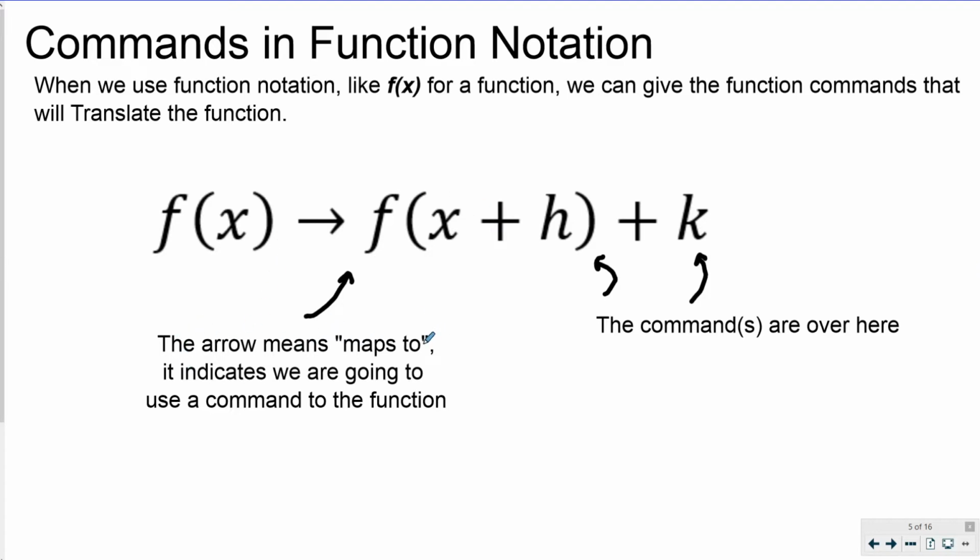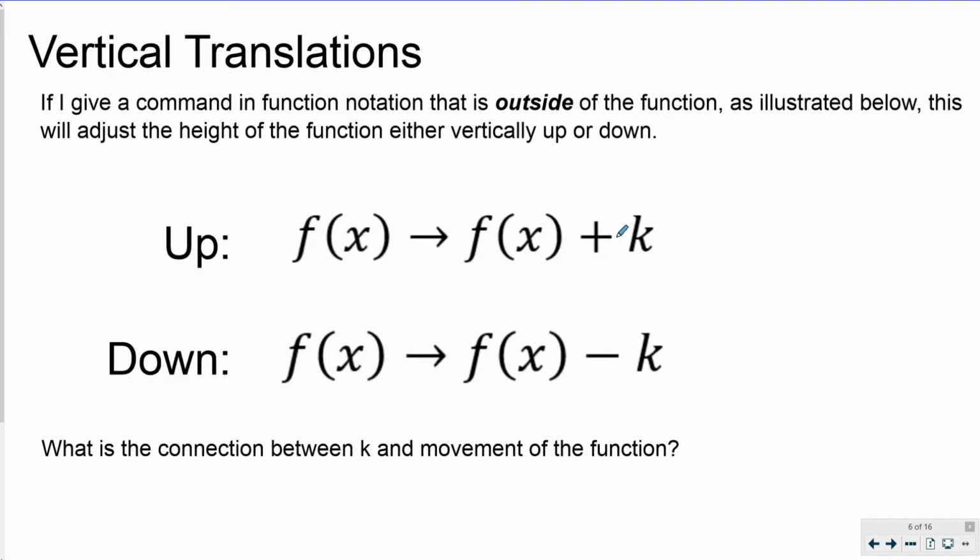In mathematics, when we say maps to, we are saying this becomes this. In plain English, f of x becomes f of whatever the commands are here. It means we're going to give a command to the function. The commands over here, h and k, control different movement inside of a function.